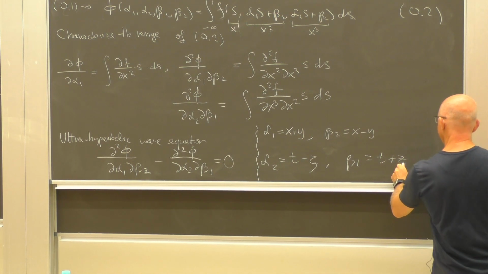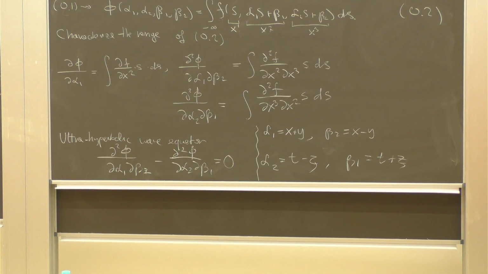And then the equation I have becomes d2 phi by dx squared minus d2 phi by dy squared, and then alpha 2 goes with beta 1, so I have minus d2 phi by dt squared plus d2 phi by d zeta squared equals 0.